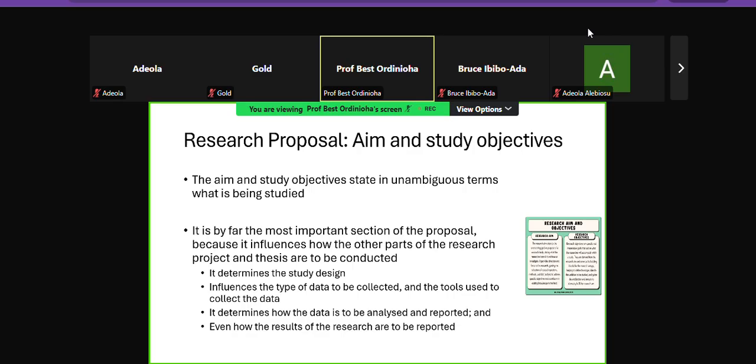In fact, for me, we have even said you should just write the aim and study objectives and then move on to the methodology, because the other sections can be written at the last moment. But if you get your study objectives wrong, it means that your data will be wrong. It means that your results will be invalid, and you cannot even discuss anything.